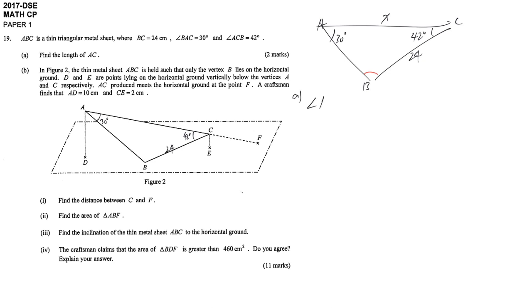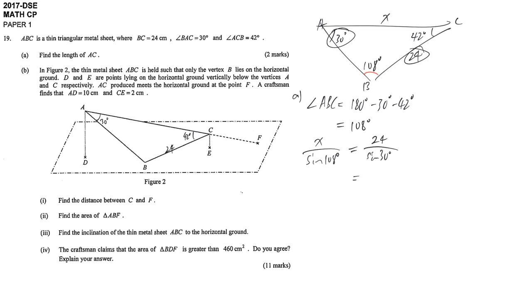In part A, angle ABC is equal to 180 degrees minus 30 degrees minus 42 degrees because of the angle sum of a triangle, which is 108 degrees. After that, we can write down the sine formula. x over sine 108 degrees should equal 24 divided by sine 30 degrees, so x is 48 sine 108 degrees, which is 45.65071278.